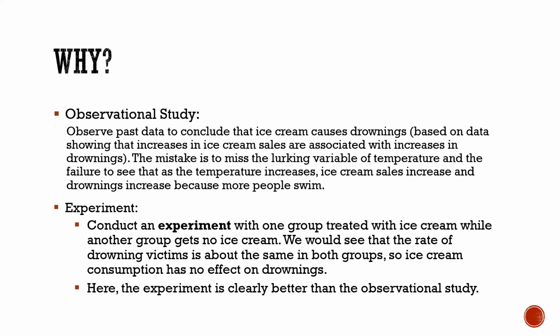And then you compare drowning deaths after a year, you would find no correlation, right? It is the heat that is causing both of those. So the two groups that you're looking at, those who consume high ice cream are more likely to be in the water, right? So those two groups are different in ways that affect the study.